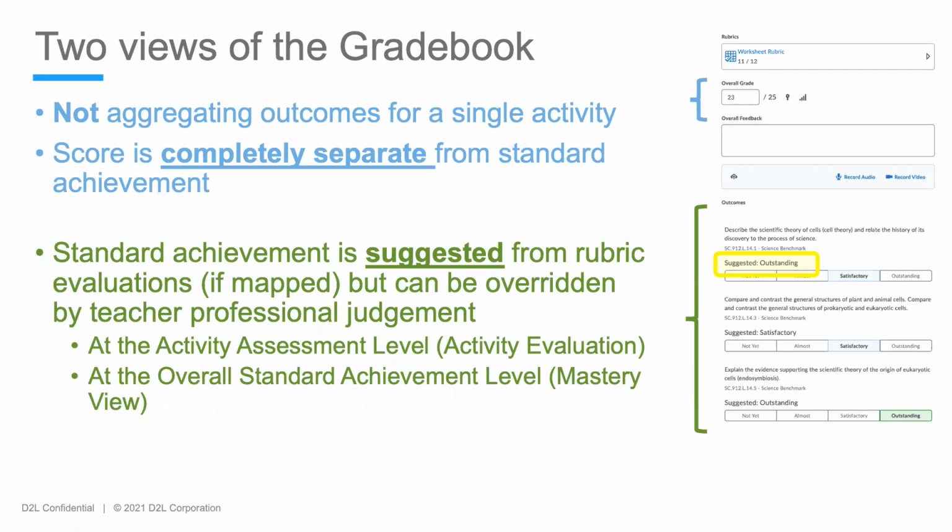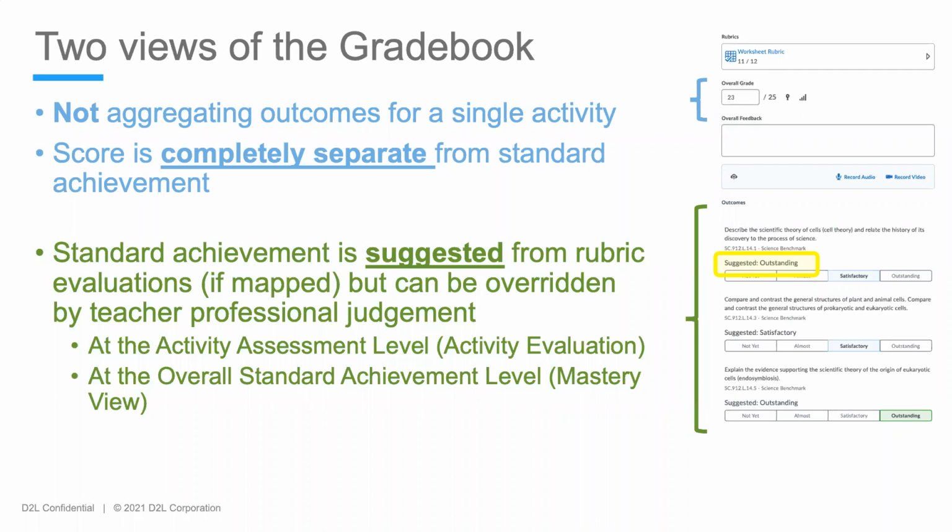The standard achievement is suggested from the rubric, but it can be overridden by the professional judgment of the evaluator. As you see there on the right in the green, we make a suggested level based on the rubric evaluation, but all of those boxes are clickable, and those represent the different levels that are defined for the achievement scale. In this case, satisfactory was selected in the blue, but outstanding was the suggestion.